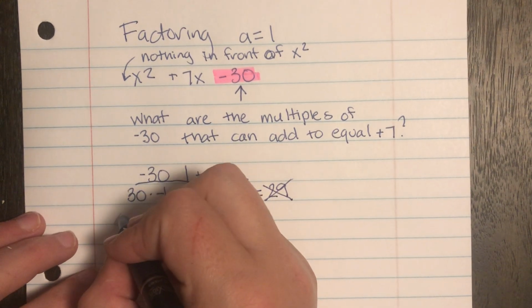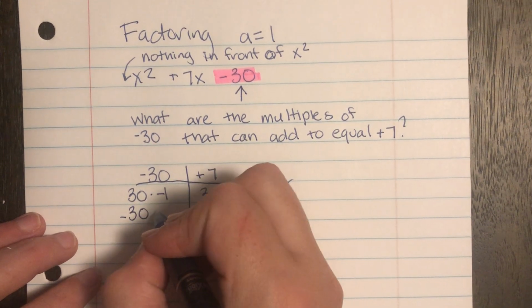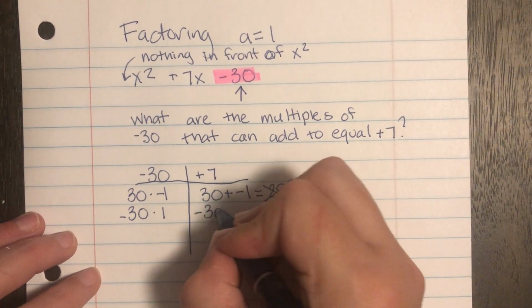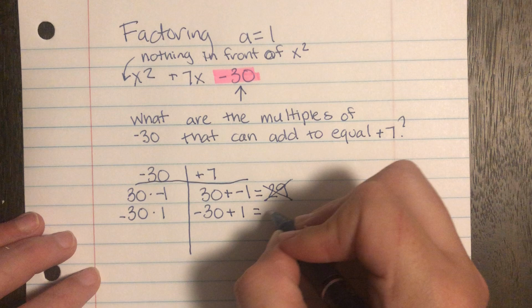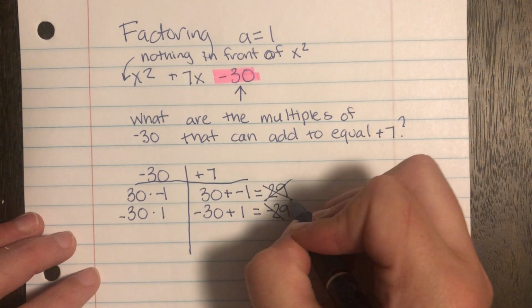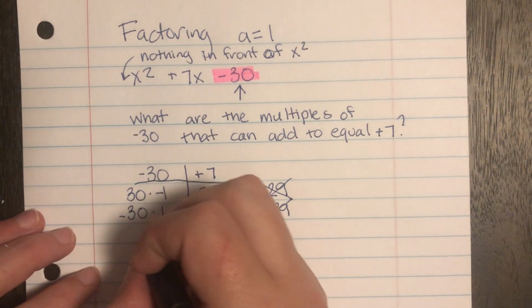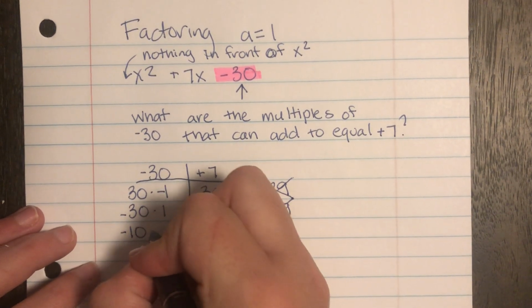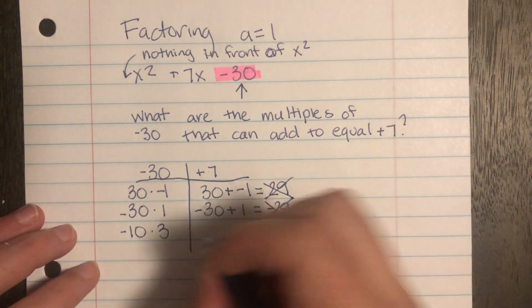All right, let's say that I want to keep on trying. So negative 30 times positive 1. If I do negative 30 plus positive 1, that's going to give me negative 29. Again, that does not equal 7. Let's say that I try negative 10 times 3.